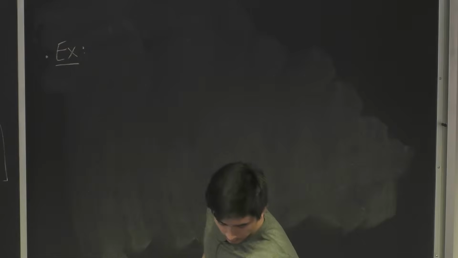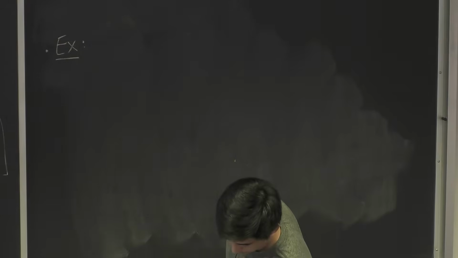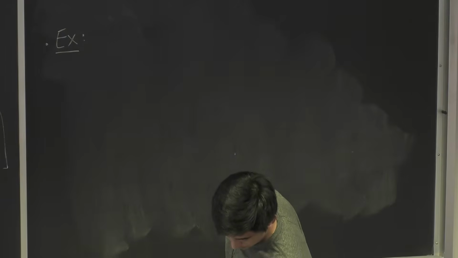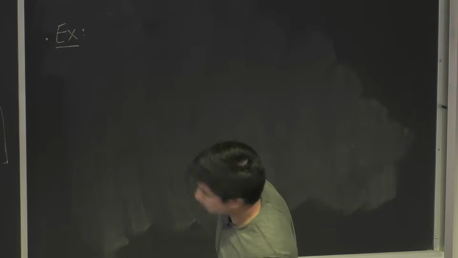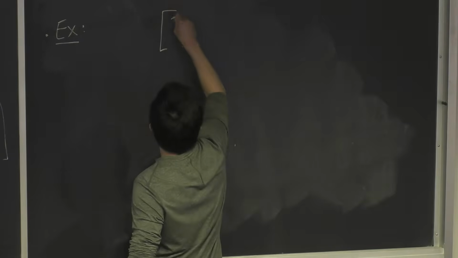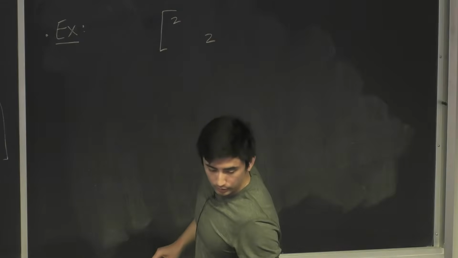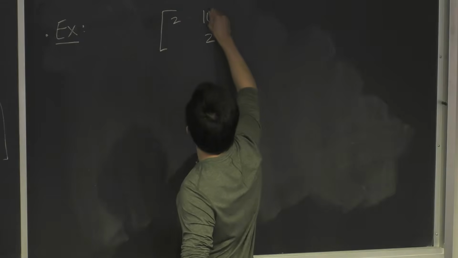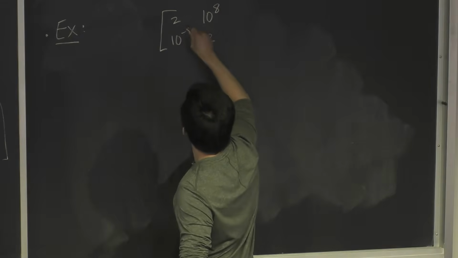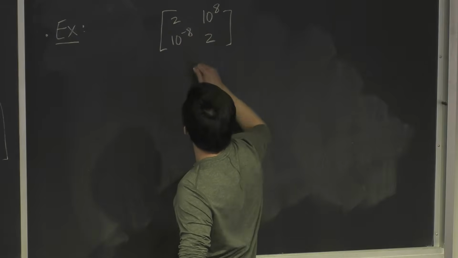This is essentially the 2x2 example from Osborne's original paper in 1960. If I take a matrix which has some very small values and some very large values, say 10 to the 8th and 10 to the negative 8, I'll call this my matrix A.